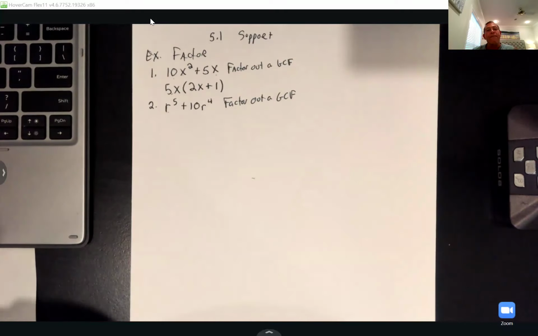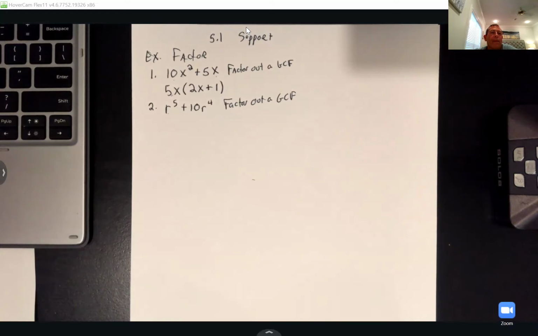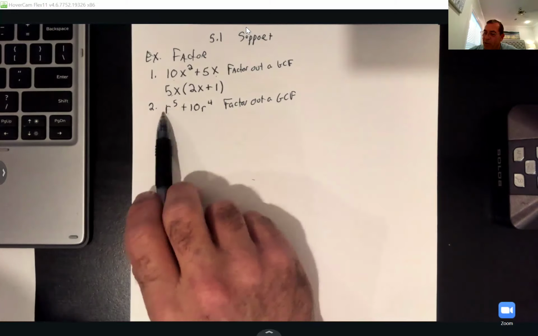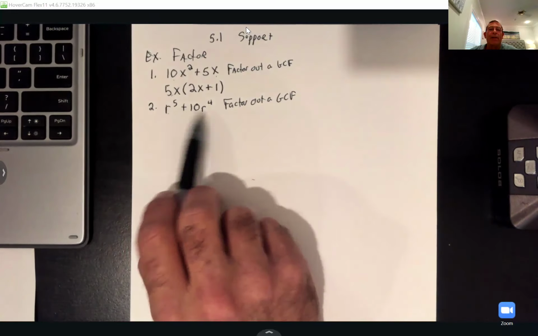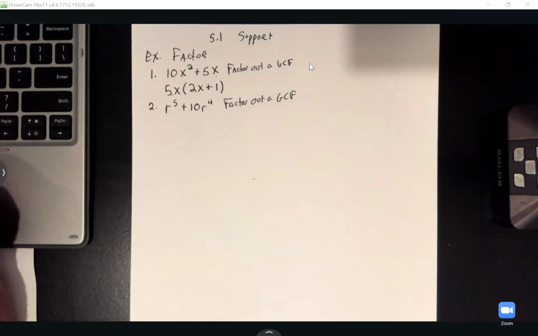What does the r to the 5th and 10r to the 4th got in common? What's the greatest common factor between them two right there?